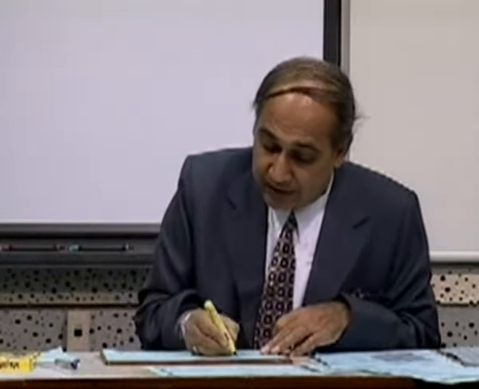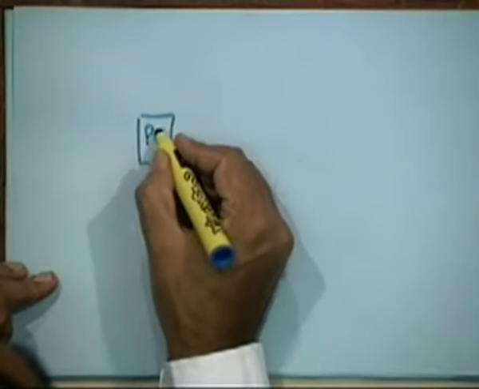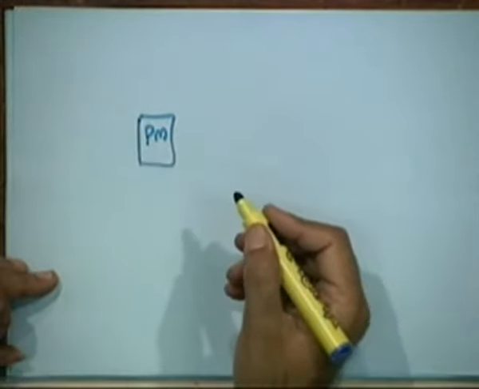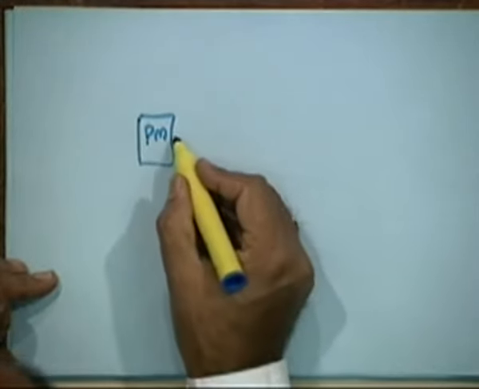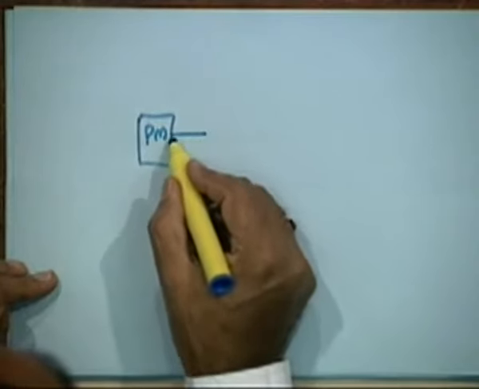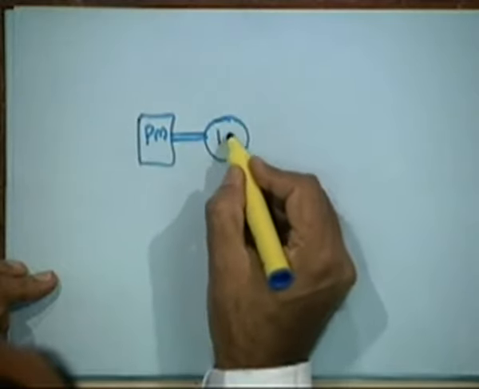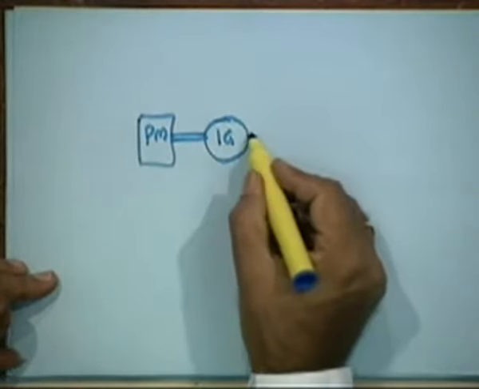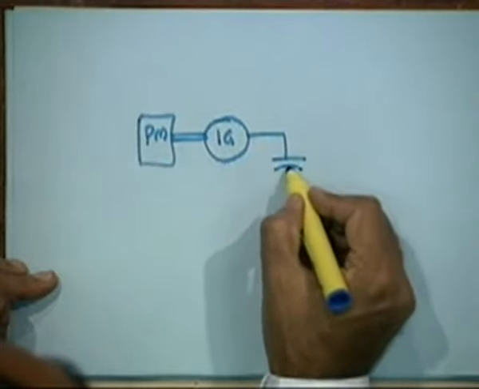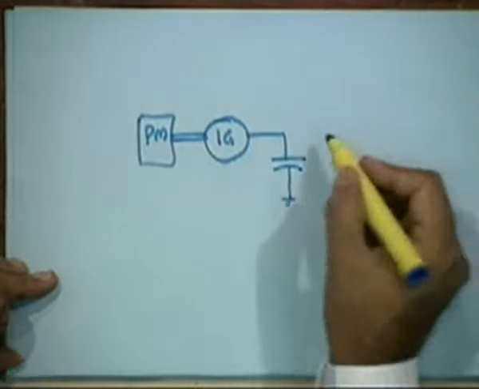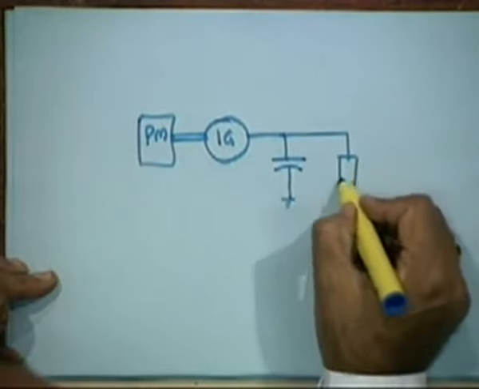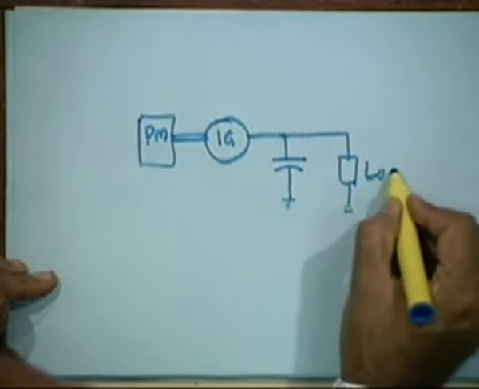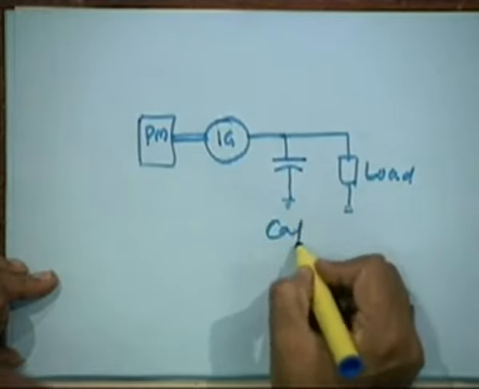Now, the scheme would look like this. We have a prime mover, which can typically be wind or hydro or an oil engine, some prime mover. Now that will run an induction generator, an induction machine working as a generator, and you connect a capacitor. Okay, and then you connect a load. This is the capacitor.